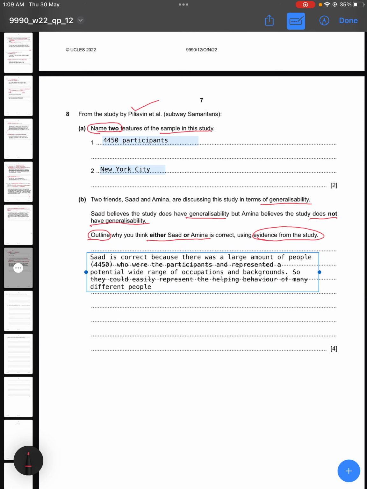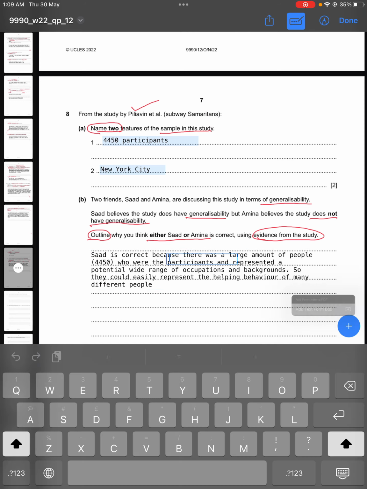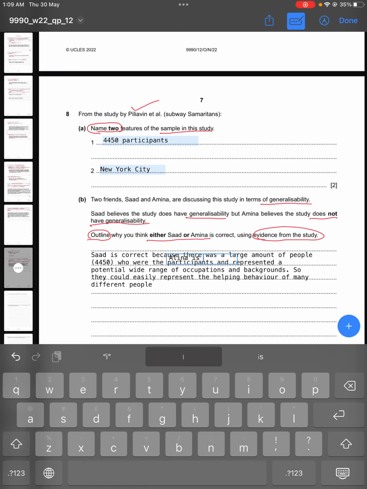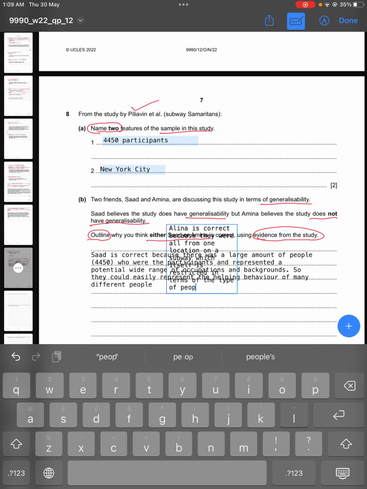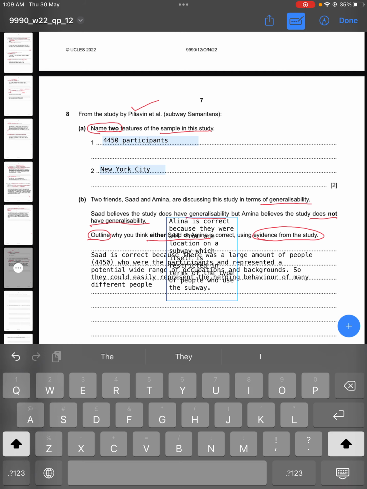So hence the study can be generalizable. But on the other hand, when we are saying that Amina is correct, Amina is correct because they were all from one location on a subway, which itself is restricted in terms of the type of people who use the subway, because mostly the lower class of New York uses that particular subway.